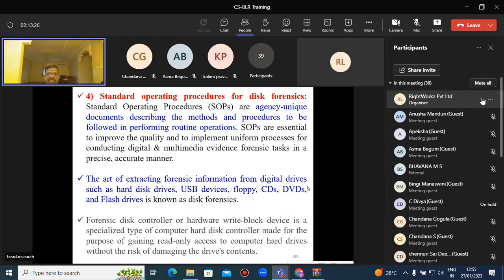A forensic disk controller or hardware write block device is a specialized type of computer controller made for the purpose of gaining read-only access to computer hard drives without the risk of damaging the drive's components. In disk forensics, you need to check the computer hard disk. ROM, read-only memory, is a computer hard disk. So there are steps involved in disk forensics.